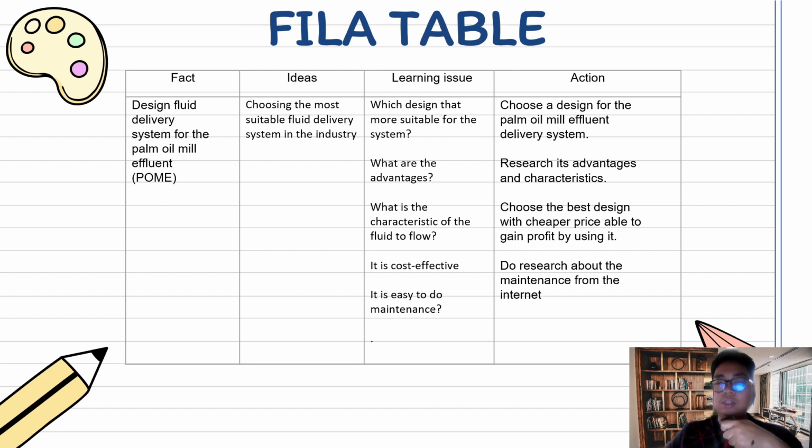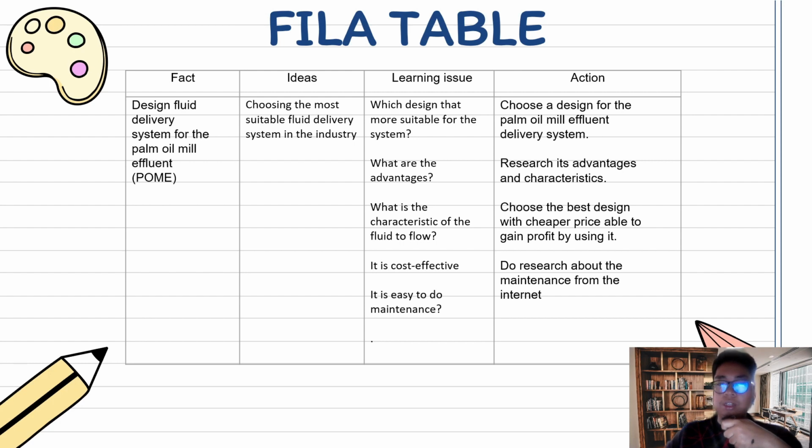Our action that we need to take is choosing a design for the palm oil mill effluent delivery system. Do research about their advantages and their characteristics, and also we need to choose the best design with cheaper price where we will be able to gain profit by using it, and we need to do research about the maintenance from the internet.